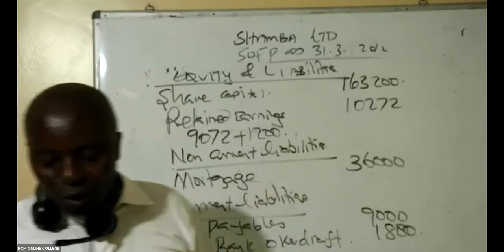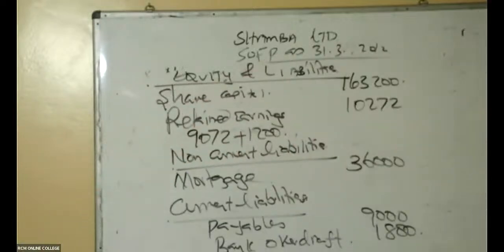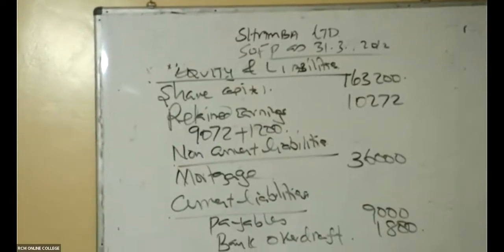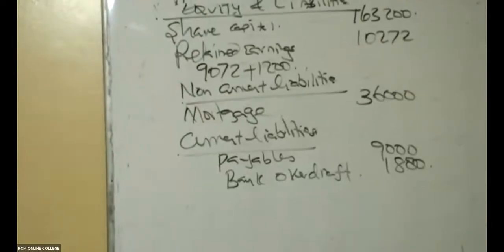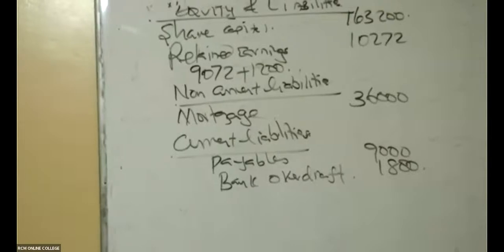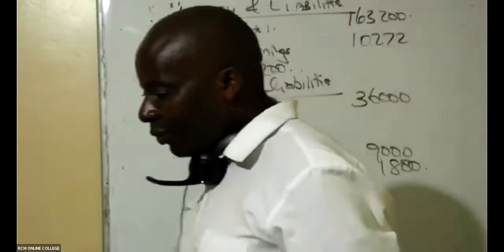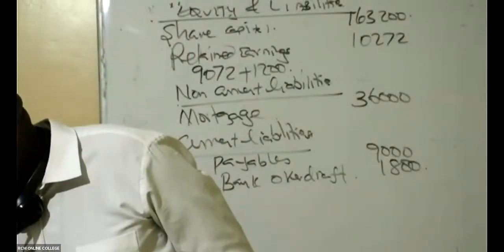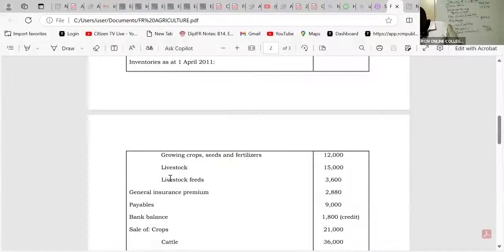And then remember something to do with taxes. The tax for the year, of course, cannot be paid yet. Normally that goes as a current tax liability. If you look at the last note, we have tax payable.